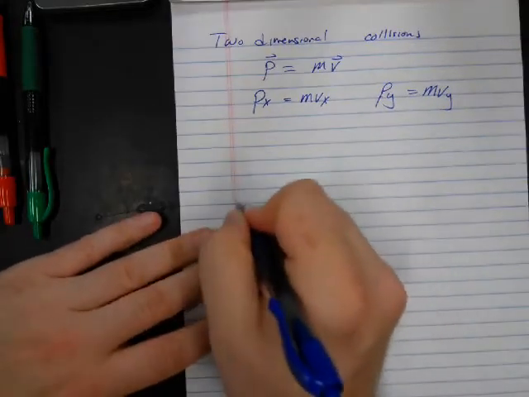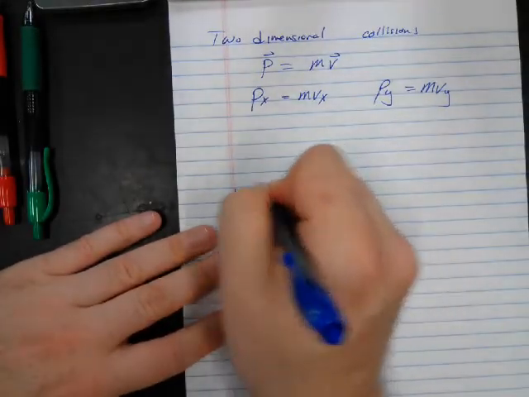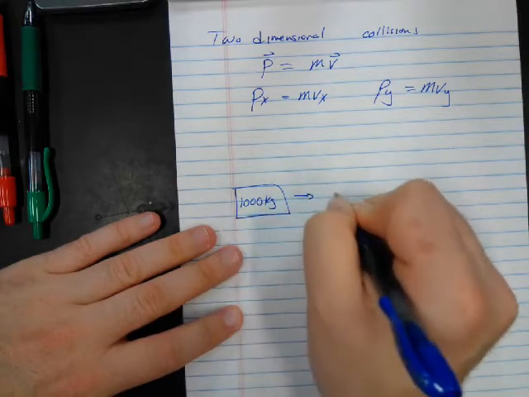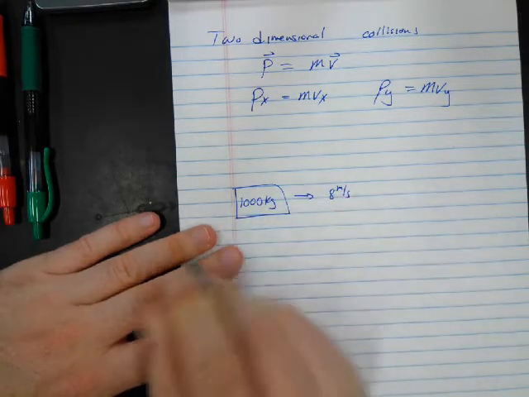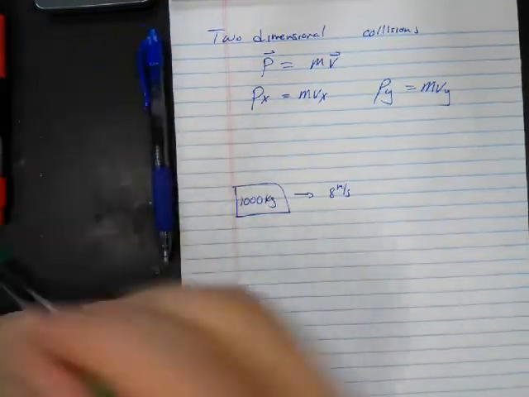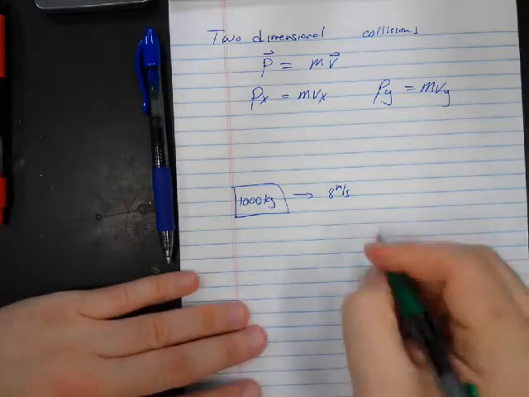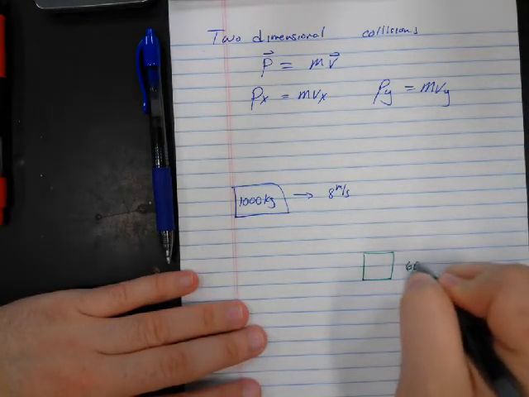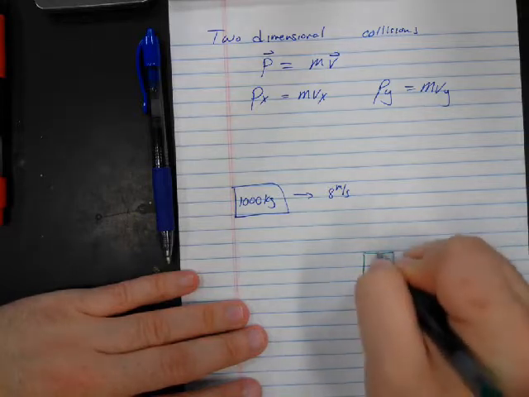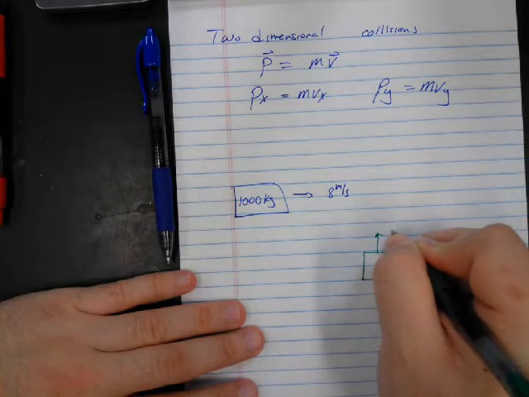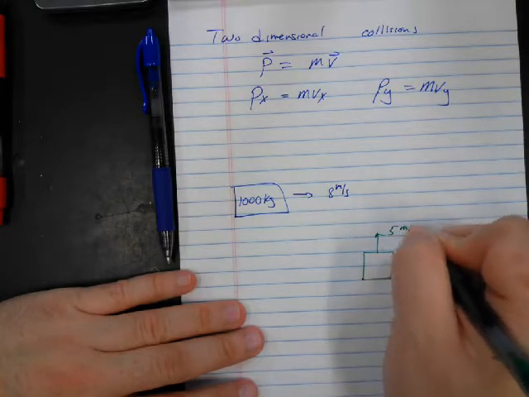We're going to look at a car, 1,000 kilograms, going at 8 meters a second through a red light. And another car, which will be down here, is 600 kilograms, going through at, that's a good number, 5 meters a second.